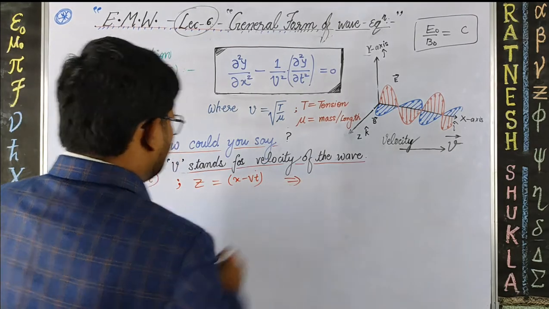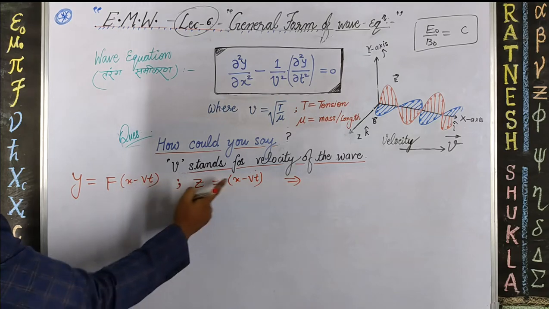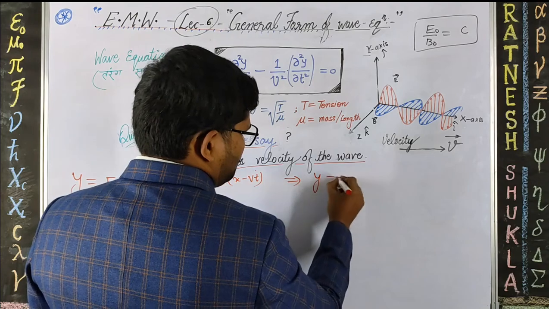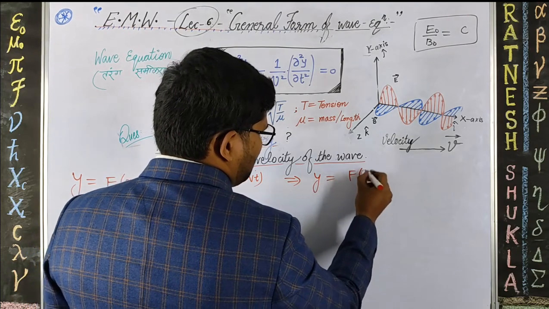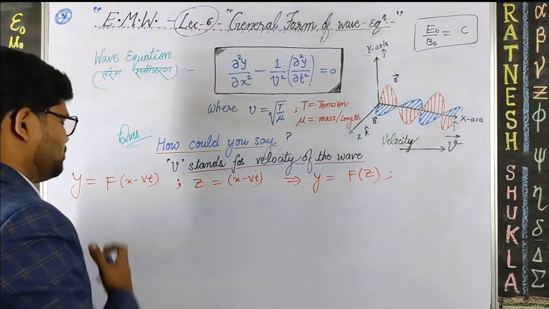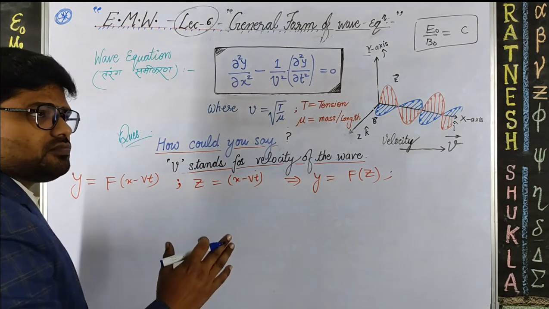Obviously here, since y equals f of x minus vt and x minus vt equals z, means y equals f of z. Now next we have to prove this one. y is the function of x minus vt, any kind of function.